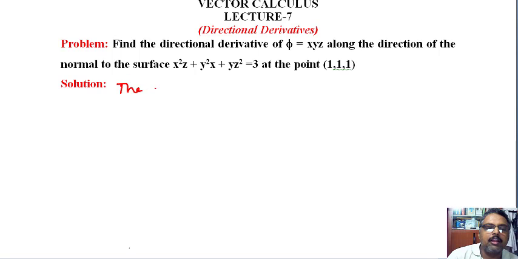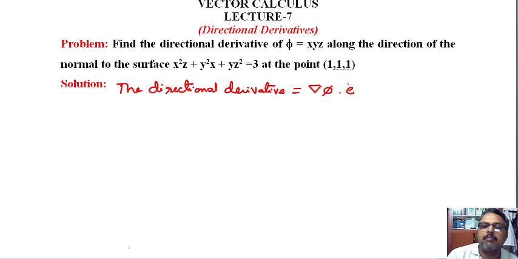The directional derivative formula is: directional derivative equals del phi dot E bar by modulus of E bar.